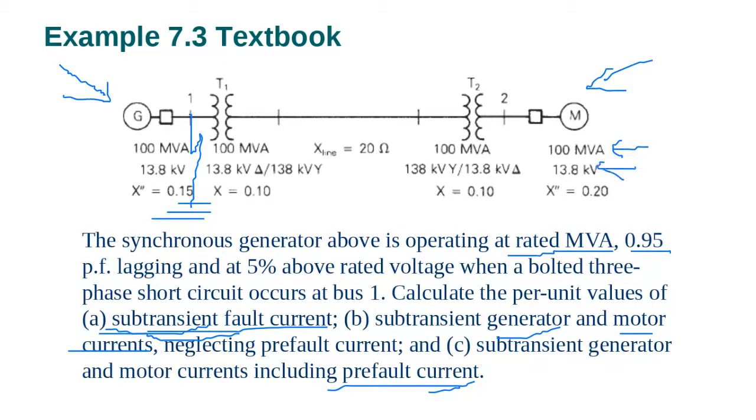So operating at rated MVA, power factor lagging, at 5% above rated voltage. So the synchronous generator is operating at rated MVA. Now talking about this MVA, because this is a synchronous generator. And so this is the operation, and 5% above the rated voltage.